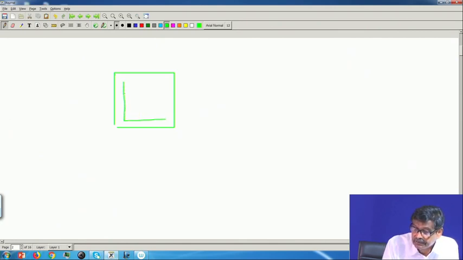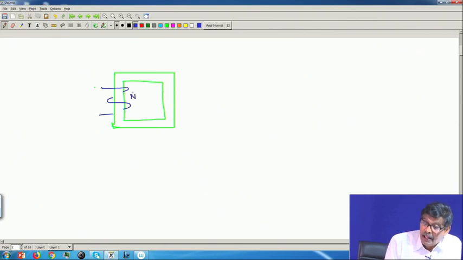Suppose this is the core of the material. Let me draw slowly. And suppose you have, let us consider, a single coil, same magnetic circuit with n turns. But this time I will connect it to an AC source.